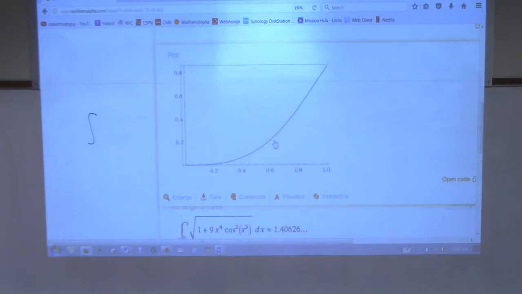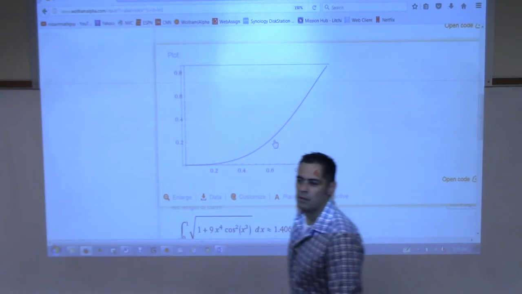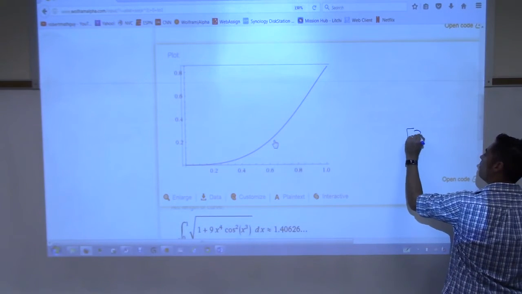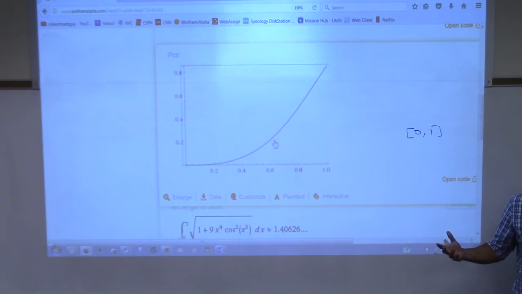There we go. There's the plot of sine x cubed, right? What I'd like to do is rotate that around the x-axis on the interval 0, 1, and I'd like to know the volume.